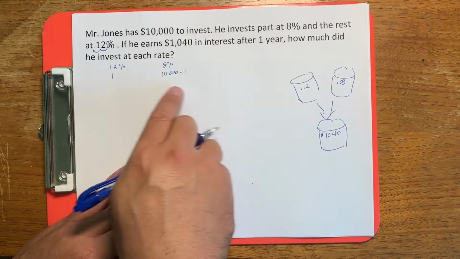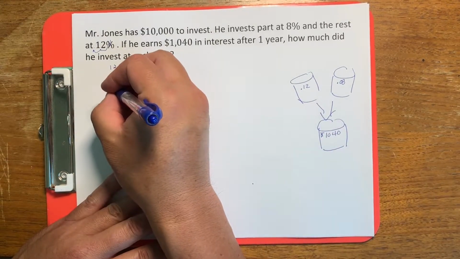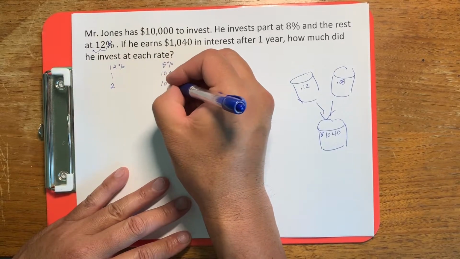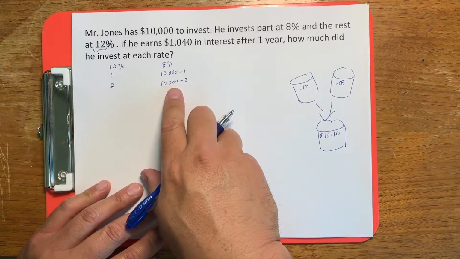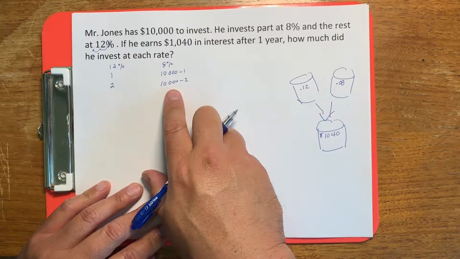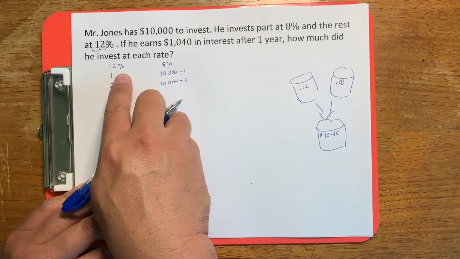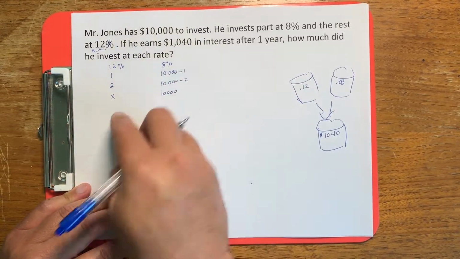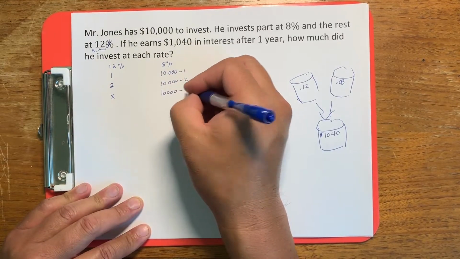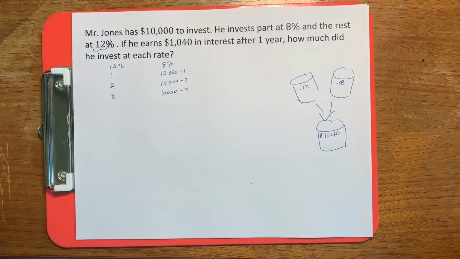Because when I add the 2 pots of money, they should be the same. If I invested $2 here, then the amount of money I invested in the 8% is this much, right? So since I don't know how much I invested in the 12% investment, I do know that once I figure it out, if I subtract it from 10,000, that'll tell me how much I invested in my 8% investment, okay?